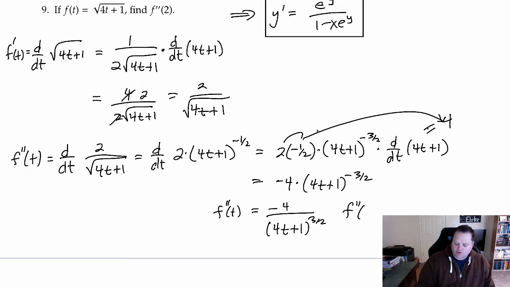So the second derivative evaluated at 2, which is what this is asking me to do, is just replace the t with 2. So this would be negative 4 over, let's see, 4t, 4 times 2 would be 8, plus 1 would be 9. So this is 9 to the 3/2. If you remember how this works, the number on top is the power, the number on bottom is the root.